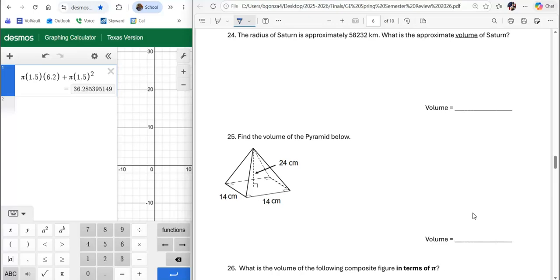Okay, what is the volume of Saturn? The volume of a sphere is 4/3 pi r cubed.